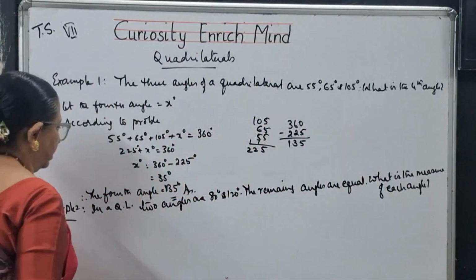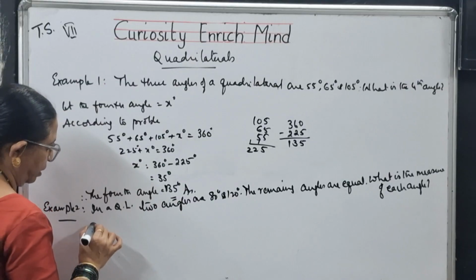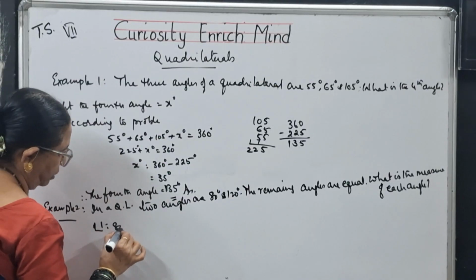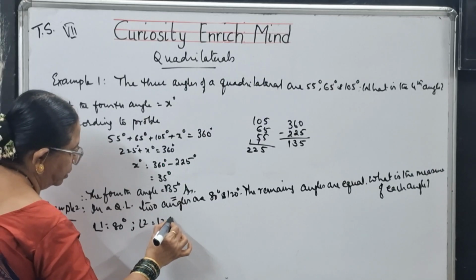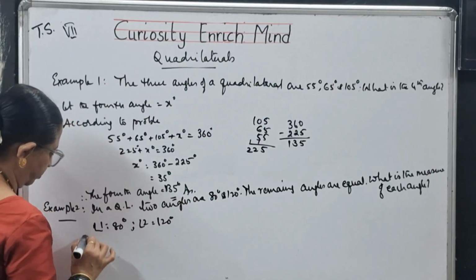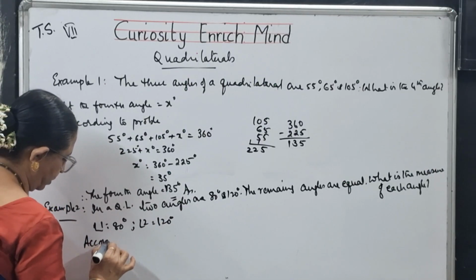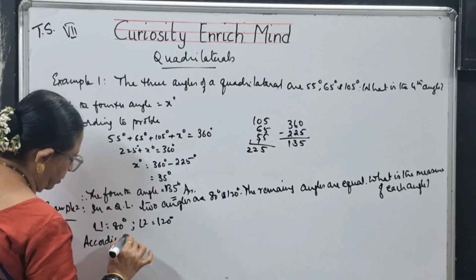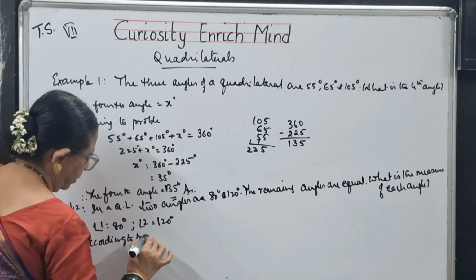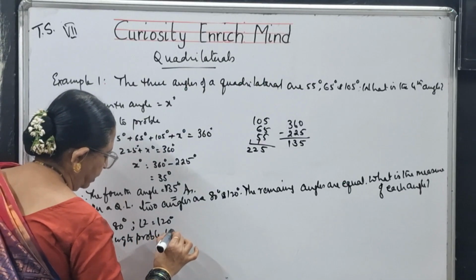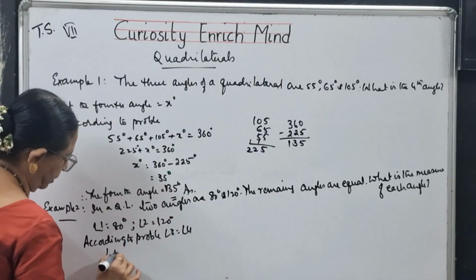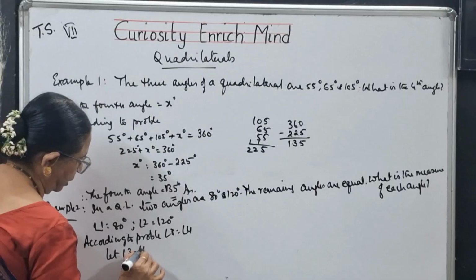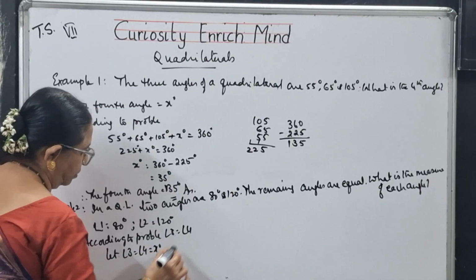That means, let us suppose that angle 1 is equal to 80 degrees, angle 2 is equal to 120 degrees, and according to the problem, angle 3 is equal to angle 4. So let angle 3 equal angle 4 equal x degrees.